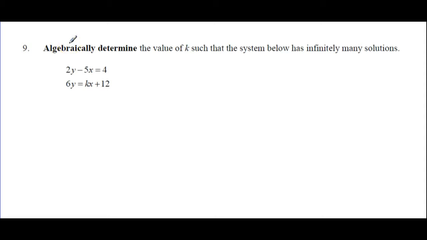The value of k such that the system has infinitely many solutions. Infinitely many means I need the same equation. So let's rewrite this as 2y equals 5x plus 4. Now, to get from 2 to 6, I'm going to multiply by 3.